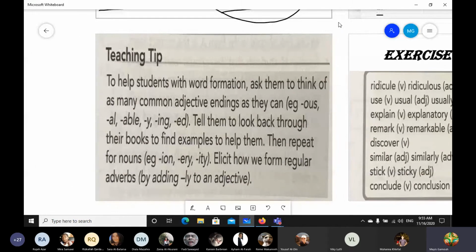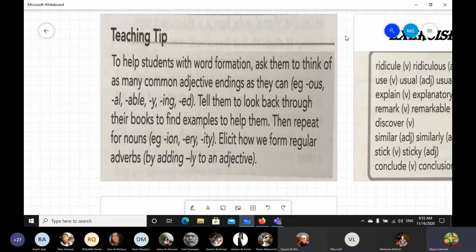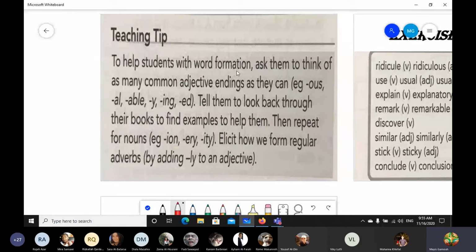Teaching tip. This tip is from your student book. So please, let's read it together and see the important points in it. Teaching tip to help students with word formation, in order for you to be assisted in forming your new words: ask them to think of many common adjective endings, such as for example ous.